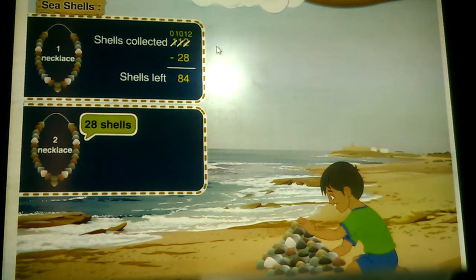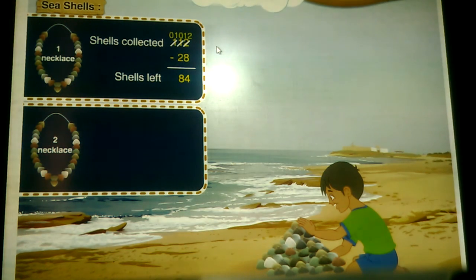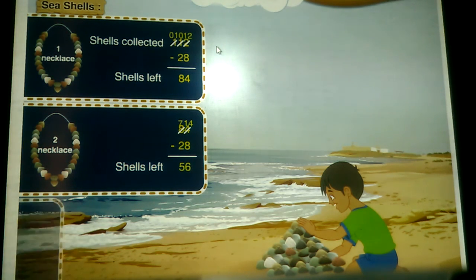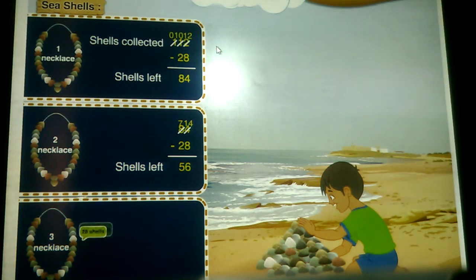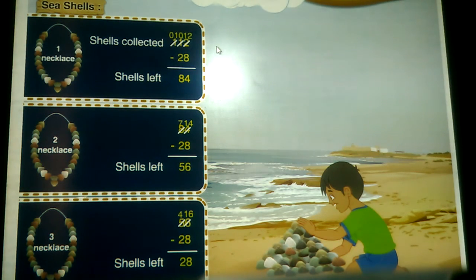How many shells are left now? 84 minus 28 is equal to 56. So, he has 56 shells. Then again, he took 28 shells to make the third necklace. Subtracting 28 from 56, we get 28. So now he is left with 28 shells.